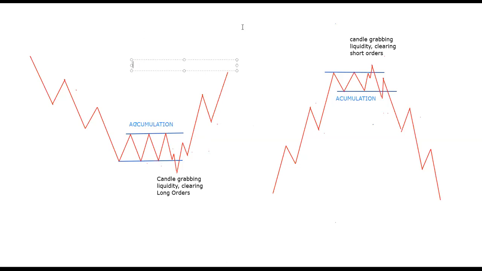I'm going to change this now to larger. If they're going to buy 100 million of the euro dollar, they're going to need the other side of that trade. They're going to have to create sellers.